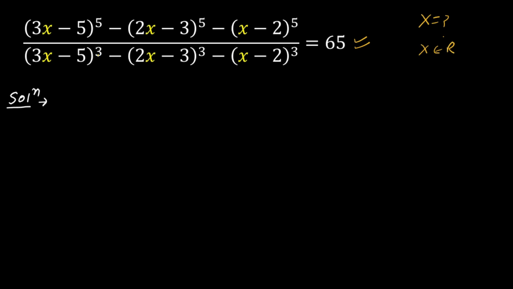Now look carefully at this expression. If we substitute this expression as a and this expression as b, then if you find a minus b, you will get x minus 2. So here we will apply the substitution method.